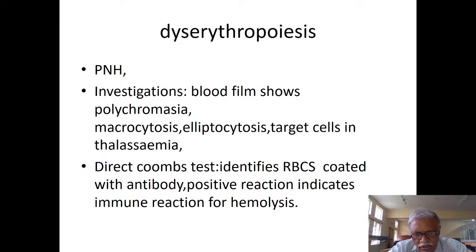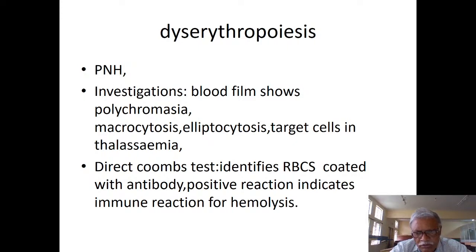You take the RBCs of a person who is suffering from autoimmune hemolytic anemia, with antigens over the surface of the RBC membranes. Add a complement, which is already prepared and available in the market for lab investigation. You add it, there will be hemolysis.